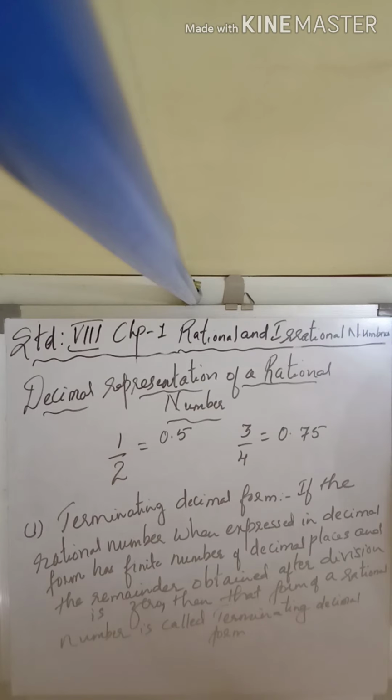And then after dividing, when we get the decimal form, if we get the remainder as 0, then that form is called terminating decimal form. Means whenever we divide a fraction, if the division ends and we get the remainder 0, then that is called terminating decimal form.